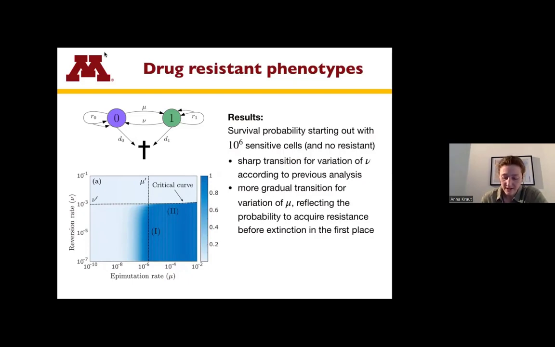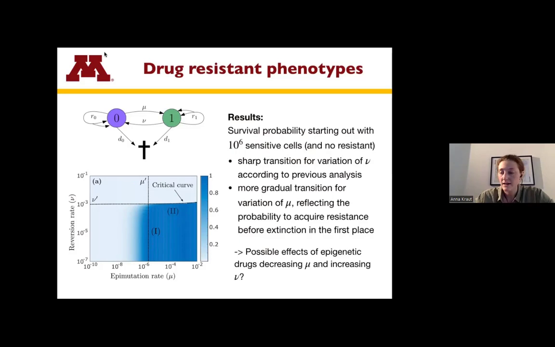And that is because of the initial conditions. If we start out with these sensitive cells, basically we need to ensure that dormancy or resistance is acquired before the wild-type tumor can die out. And we see a rather gradual transition here of increasing this probability.